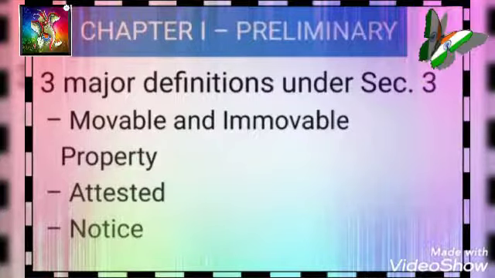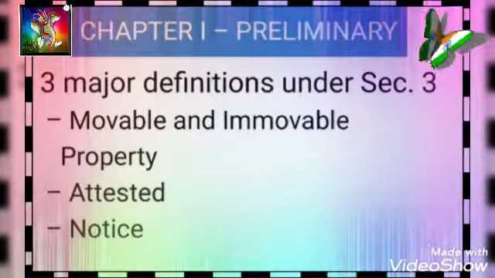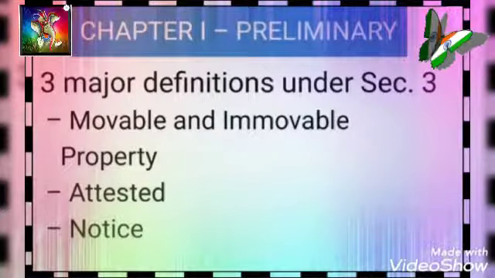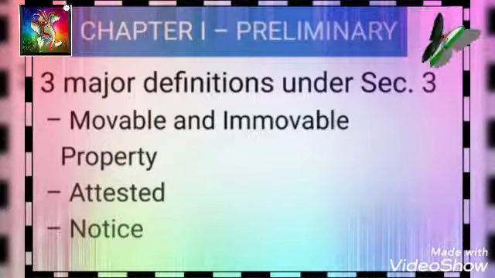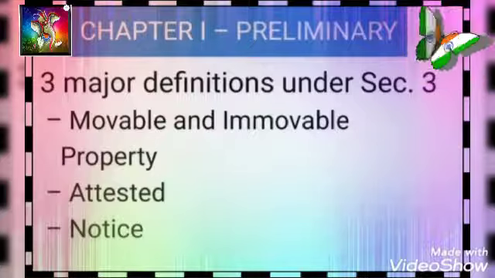The definition as given in the Registration Act amalgamates the concept as given in the Transfer of Property Act and General Clauses Act. Despite it, this definition too cannot be said to be exhaustive, it is still enumerative. Three major definitions under Section 3 are movable and immovable property, then attestation and notice. These are in the preliminary chapter number 1.